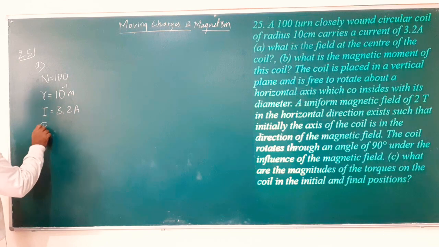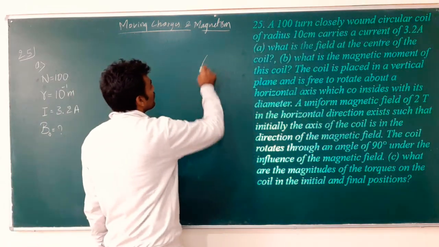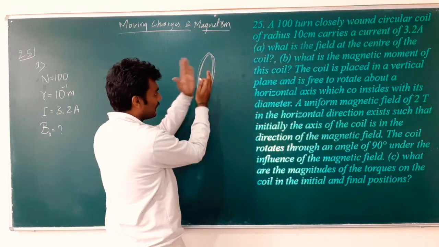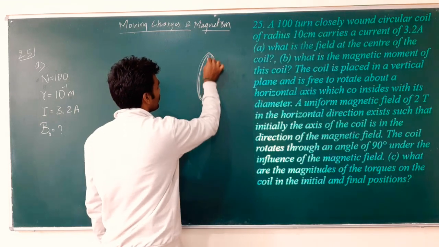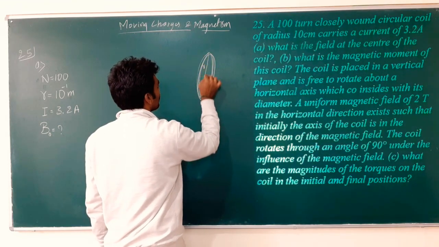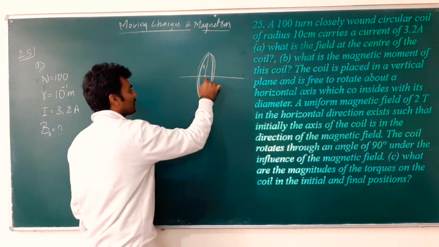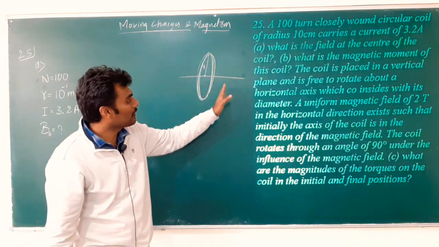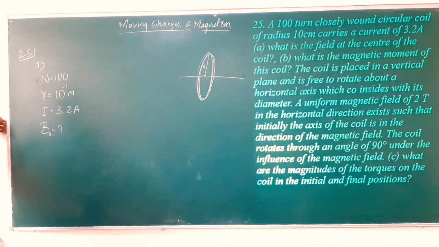And magnetic field at the center of the coil is asked to find. So if you say this is the circular coil held like this, this is the point where we need the magnetic field, right? Radius is r. If you remember the formula for the magnetic field on the axis, which is mu naught by 4 pi, 2 pi nIr divided by x square plus r square to the power of 3 by 2.